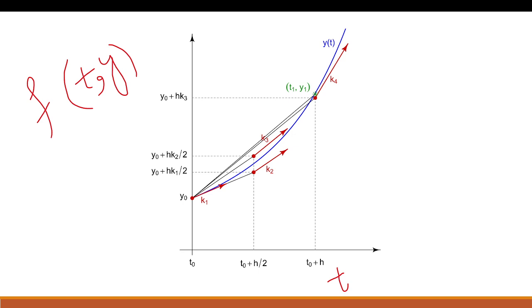Here I have plotted f of t, y versus t graph.